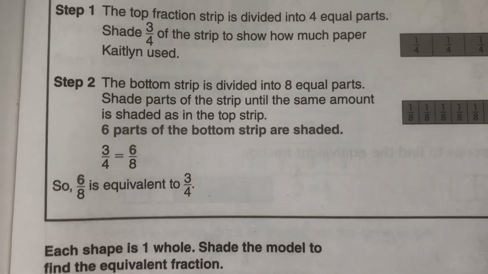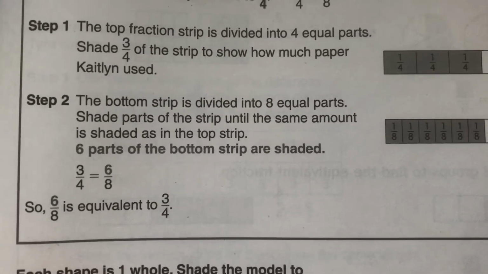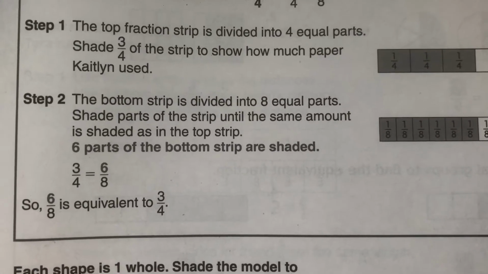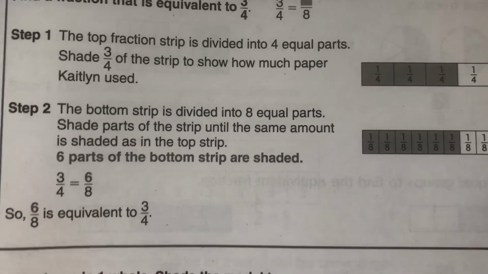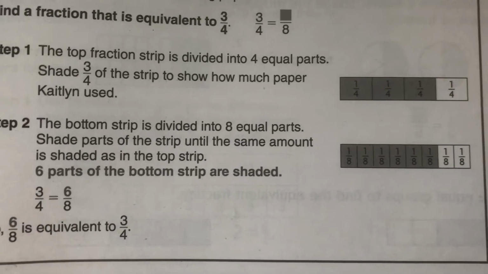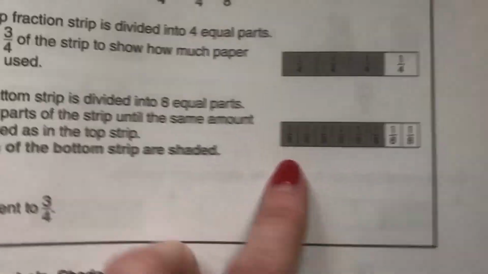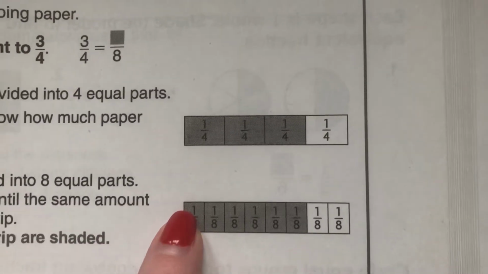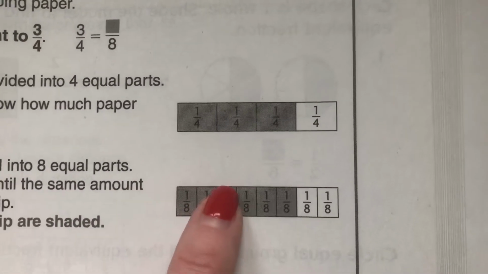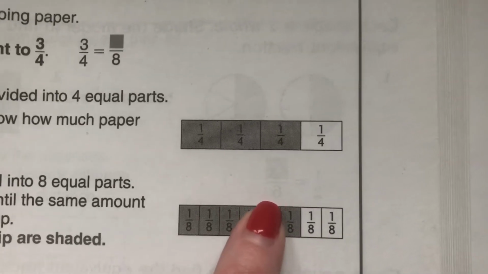Step 2. The bottom strip is divided into 8 equal parts. Shade parts of the strip until the same amount is shaded as in the top strip. So if we look up here, these two are equal, they're the same size. We needed to shade in 1, 2, 3, 4, 5, 6 out of the 8.